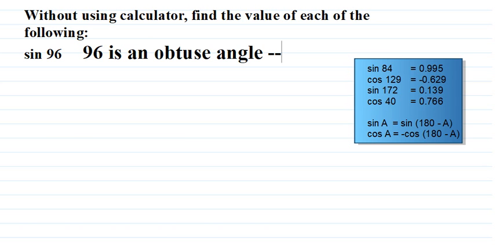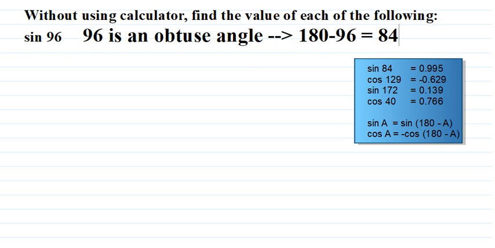Therefore the acute angle will be 180 subtract 96, and you will have 84 degrees. After this, you can solve it, because according to the formula, sine A equals sine of the acute or obtuse angle. Here we have the obtuse, and now we know that the acute angle that pairs with 96 is 84.